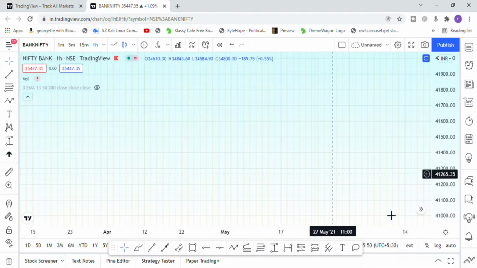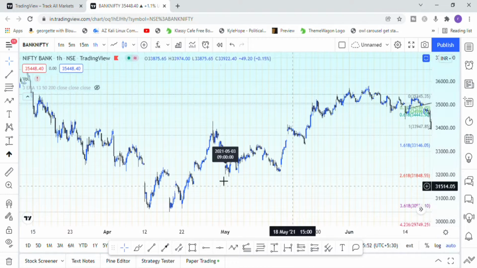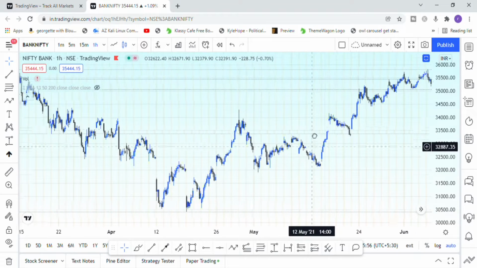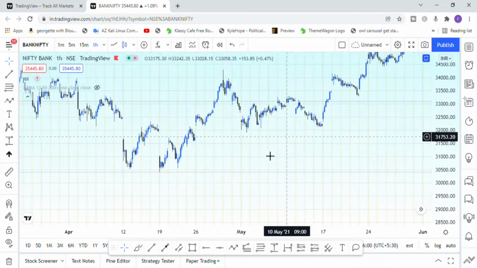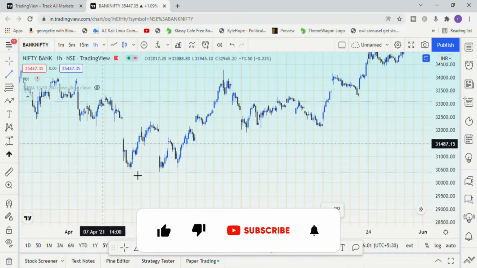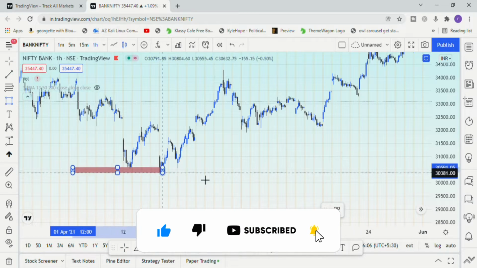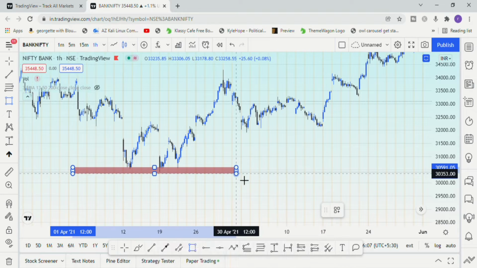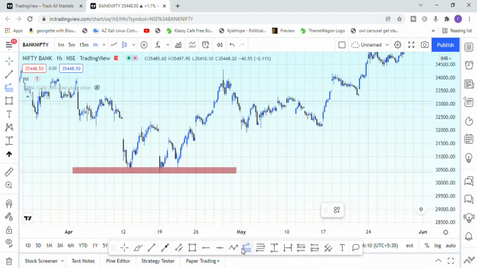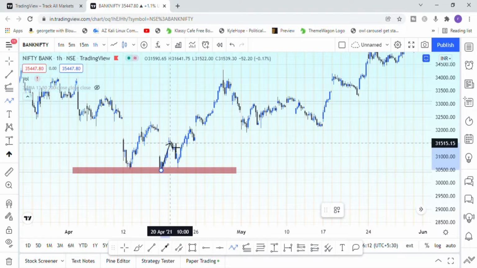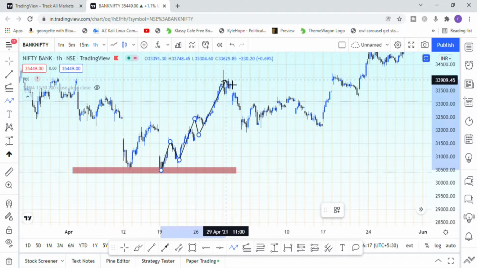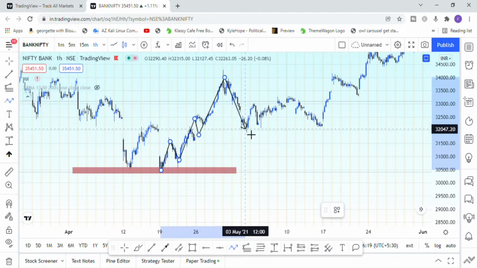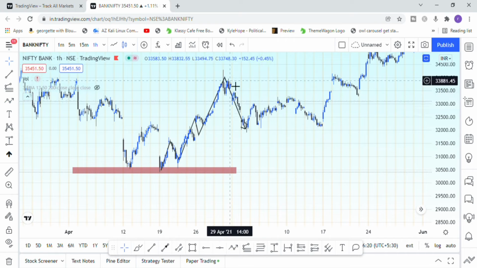The market first came to that level and formed a double bottom. The market continuously goes up, making higher high, higher low, higher high, higher low, higher high, and higher low.